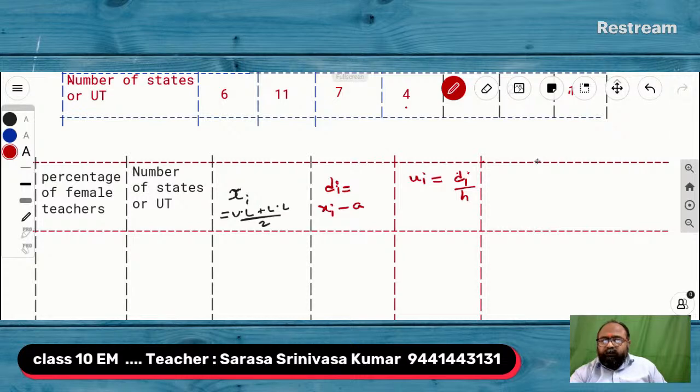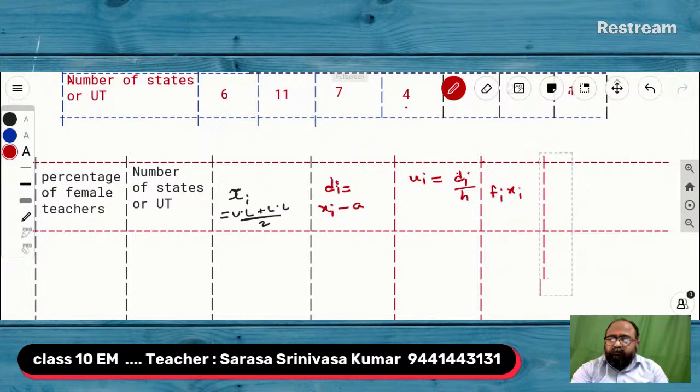Now we calculate FI XI. In the previous classes, we were preparing three tables to solve the problem in three methods.